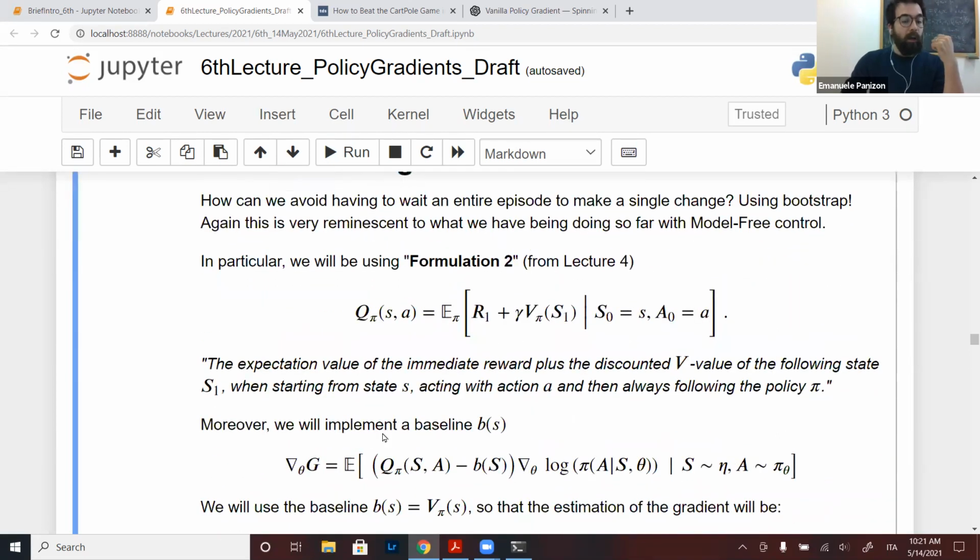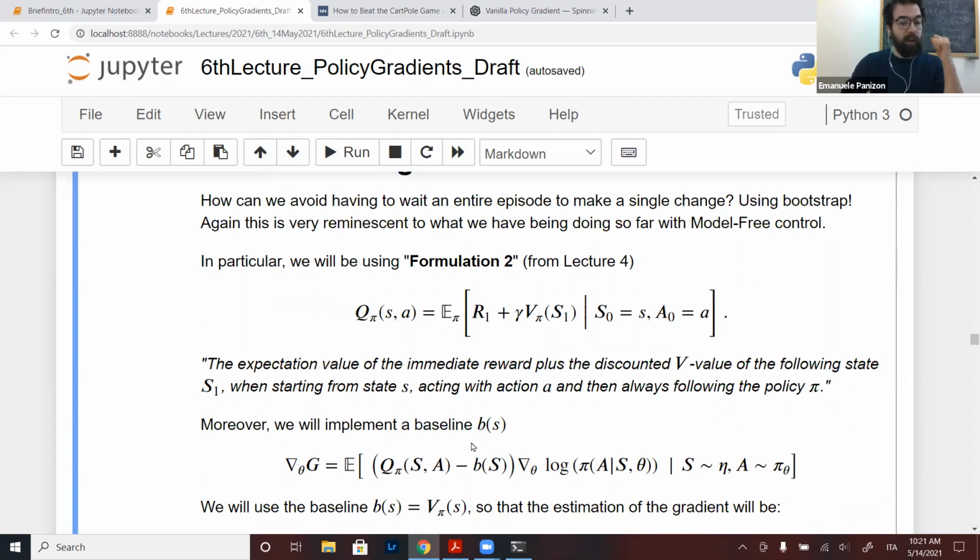Okay. We will also use a technique with this helpful tool of the baseline. The definition we had of the gradient was Q times the gradient of the log of pi.